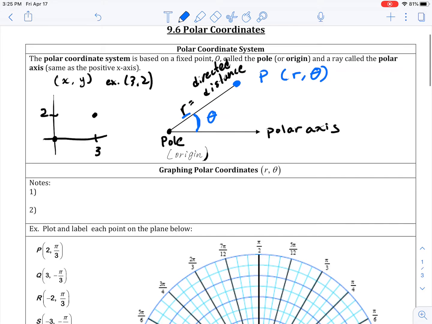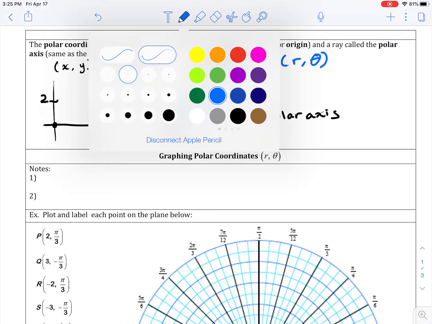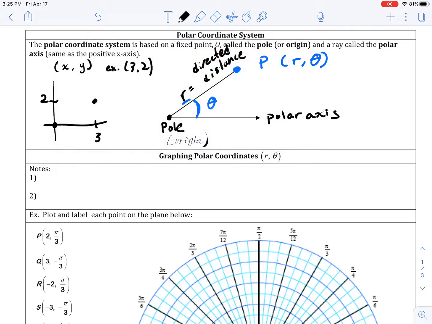So we're going to go ahead and practice plotting a couple of points on our polar coordinate system. But before we do, a couple of quick tips to help you guys out. First off, I always recommend starting with the angle first. So find the angle first. And the second thing is to note that if you end up with an r value that is negative, you're going to want to reflect that r value over the pole.